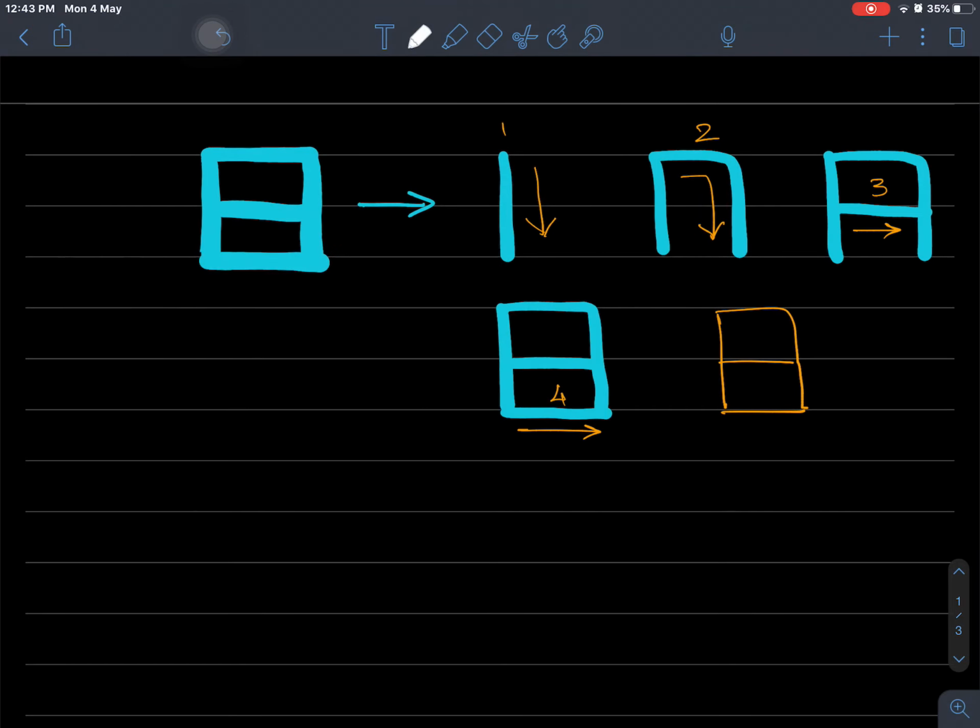For those who actually paused and saw what was written here before I erased everything, the meaning of this kanji, first of all, is sun, the second is day, and the third is Japan. Now, Japanese is a context sensitive language, and depending on the context, the meaning could be any one of these.